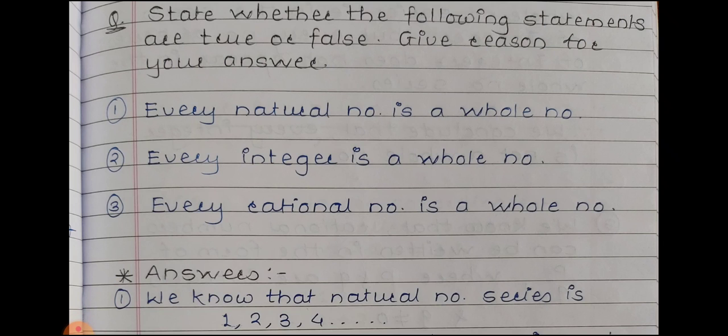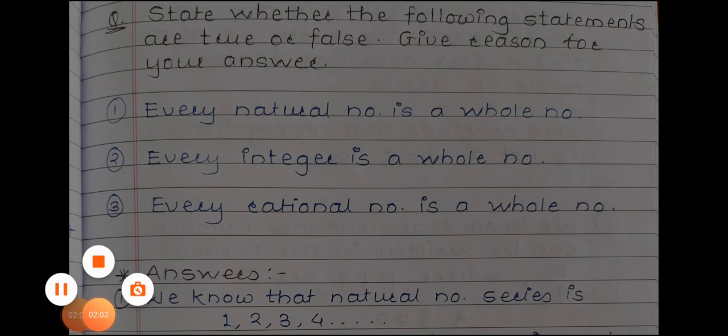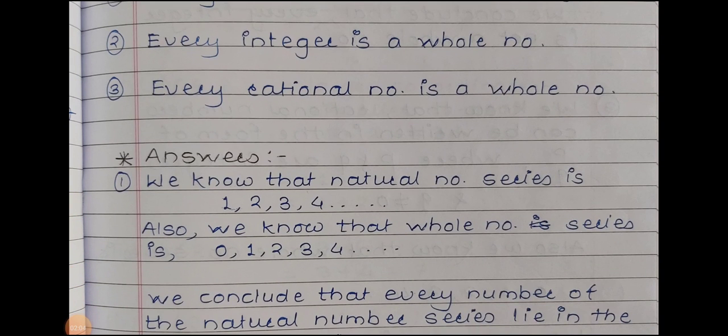So the first one is: every natural number is a whole number. We know that the natural number series is 1, 2, 3 and so on up to infinity. Means natural numbers start from 1 to infinity. And also we know that whole numbers start from 0.